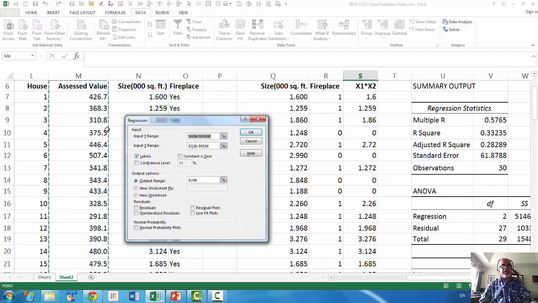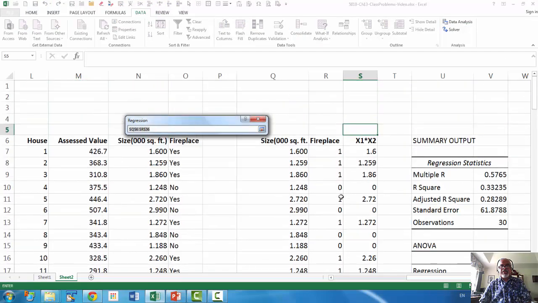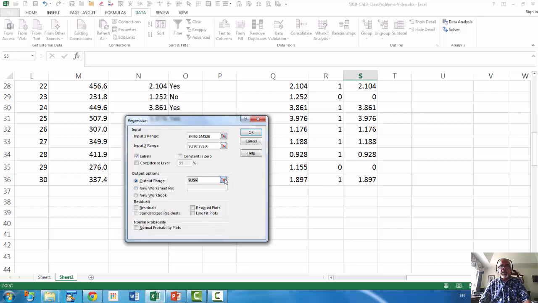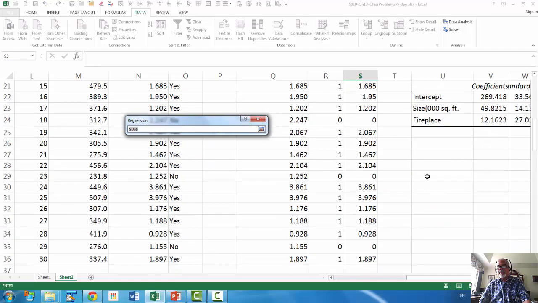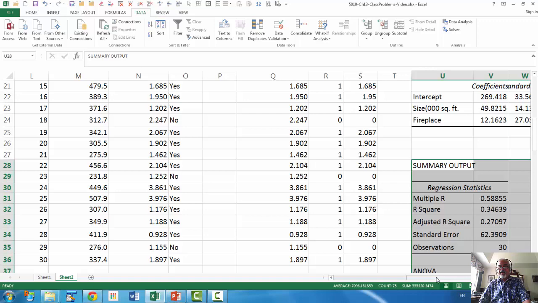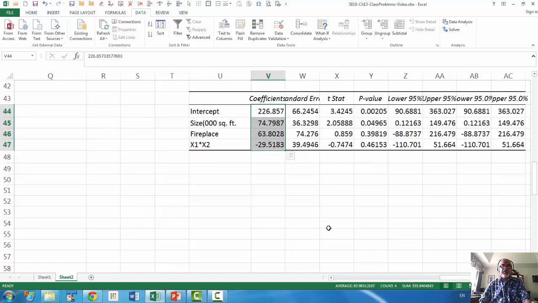So regression, our Y being the same, but the X range is going to be x sub 1, x sub 2 and x sub 3. And let's put the output over there. Okay, so now here are the estimates: b sub 0, b sub 1, b sub 2, b sub 3.